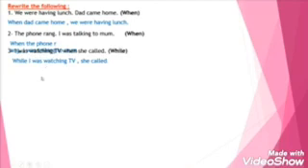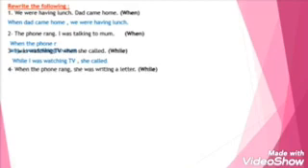Let's go to the 4th one. When the phone rang, she was writing a letter. Here he wants me to use while instead of when, right? So the sentence is linked by when, but he wants me to use while. So I will say bye-bye to when, and then I will put while, and it's capitalized, so I start the sentence with while.